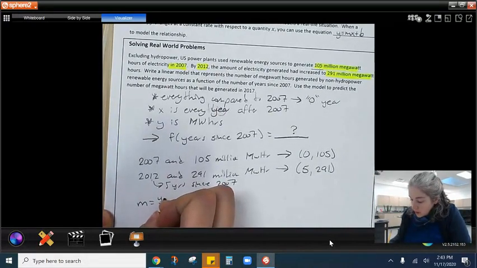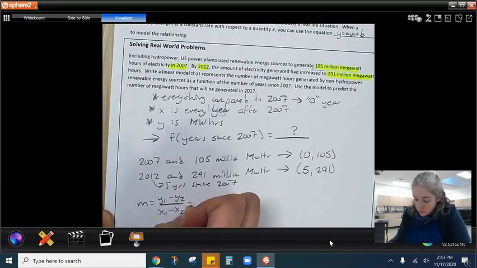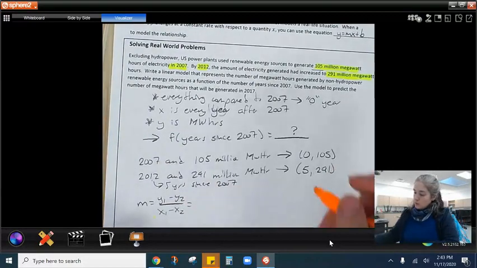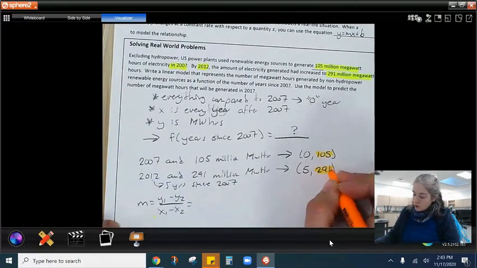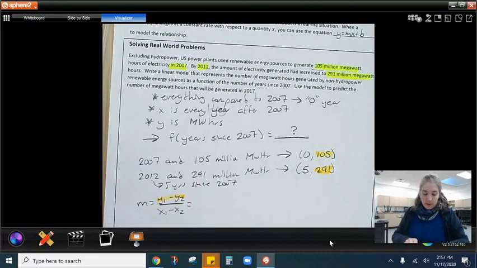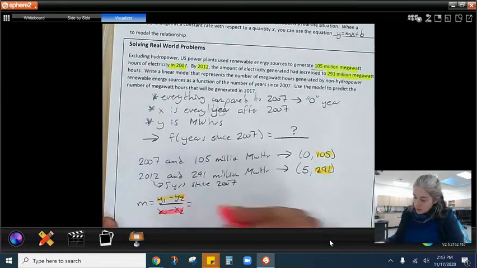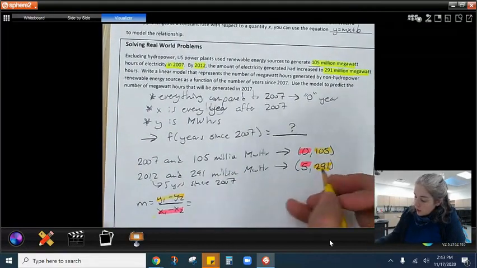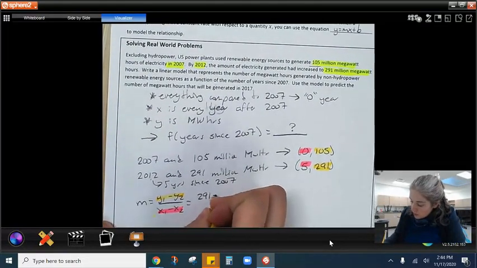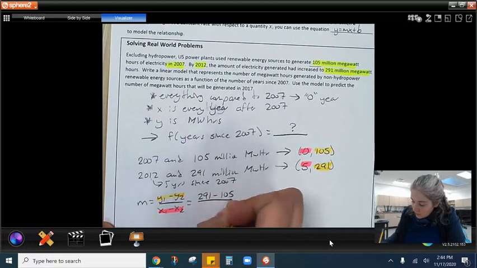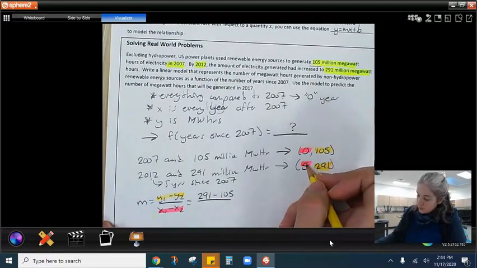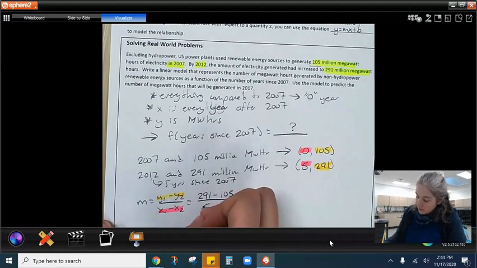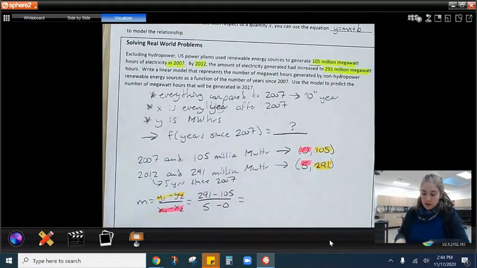So our slope is y1 minus y2 over x1 minus x2. I'm going to use my orange again for my y's, and I'm going to use my pink again for my x's. It doesn't matter which one comes first. I'm going to start with 291 minus 105 over my 5 minus 0.